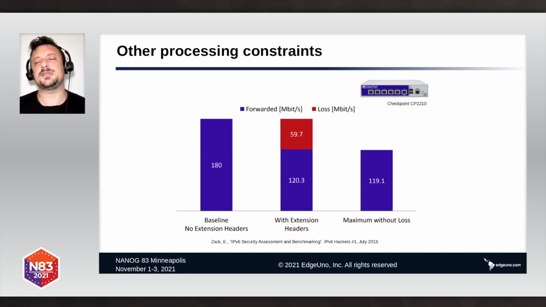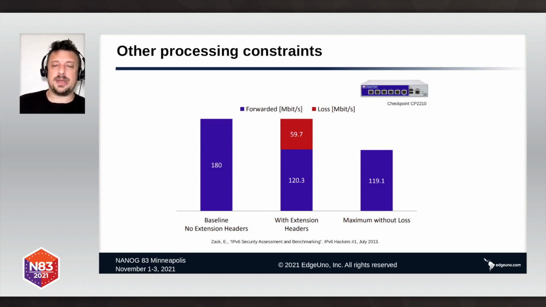And one of the presentations that we had at the time was an assessment presented by Eldad Sack, where one of the things that he tried to present was the performance of network devices when they have IPv4-only traffic, IPv6-only traffic, or mixed IPv6 and IPv4 traffic, but also the performance of different network devices when the IPv6 traffic that they were processing included IPv6 extension headers.